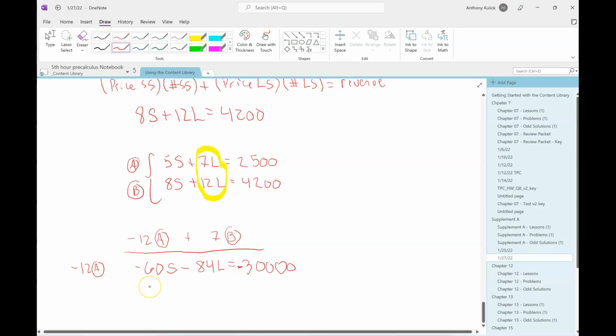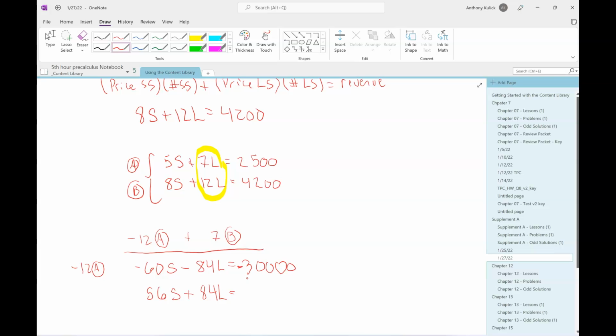And then same thing here. So 7 times 8 is 56. 7 times 12 is 84. 7 times 4,200 is 29,400.